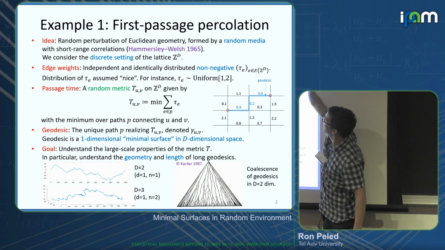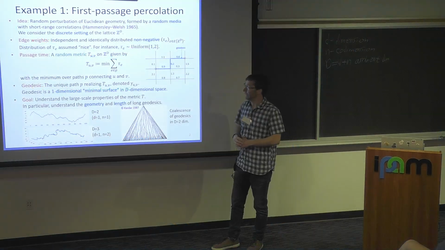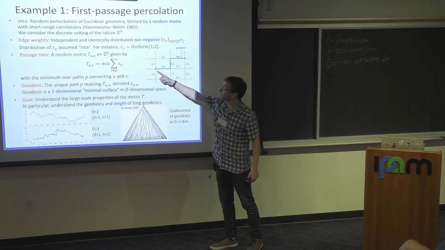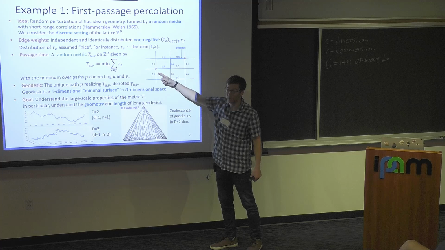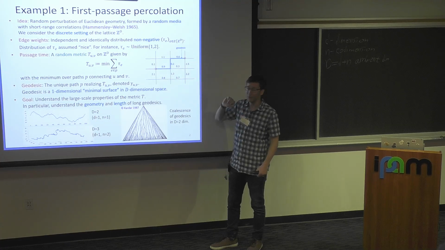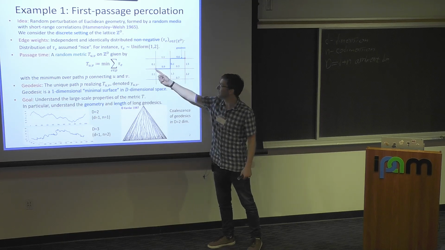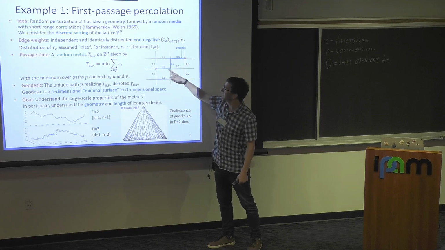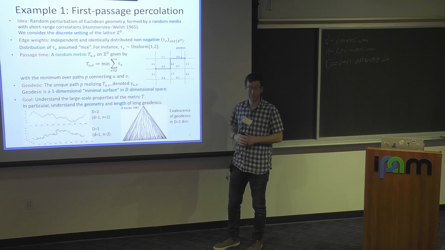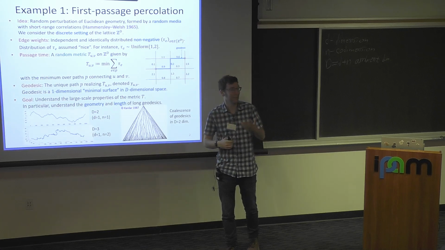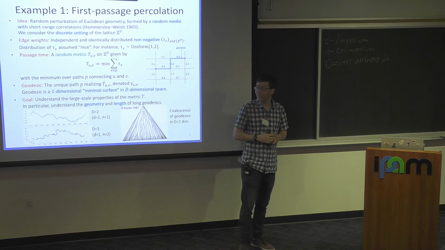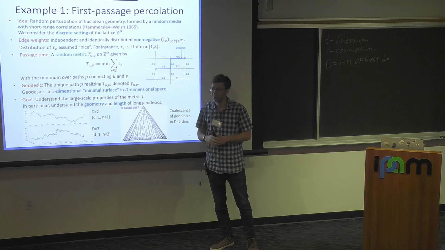These numbers will be this tau_e over here. And what you want to know is the shortest path between two vertices. So given numbers on edges, Z^D becomes a metric space where the distance between two vertices is the sum of the numbers on the shortest path, the path with the smallest sum of the numbers that connects the endpoints.